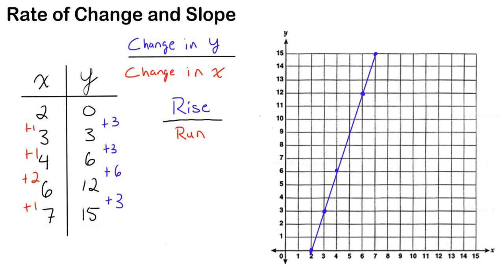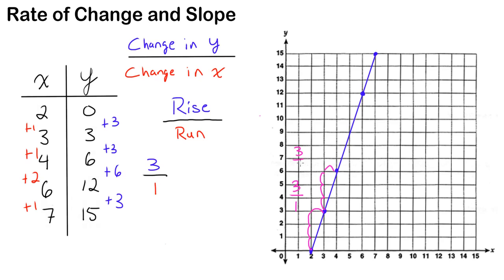Remember here, our rate of change was 3 over 1. Let's take a look at the rise and run of this line. To get to this point, I had to move up 1, 2, 3. That's my change in y, over 1 to the right. That's my change in x, 3 over 1. Same thing to get to the next point. Up 3, 1, 2, 3, and over 1.